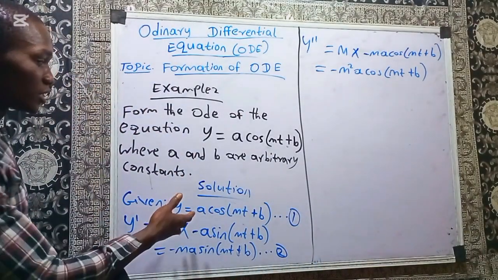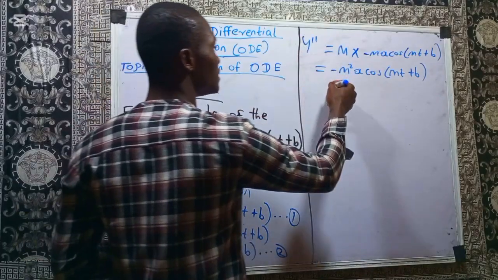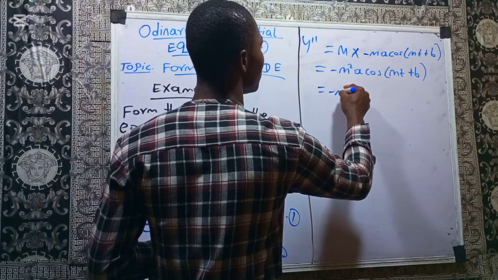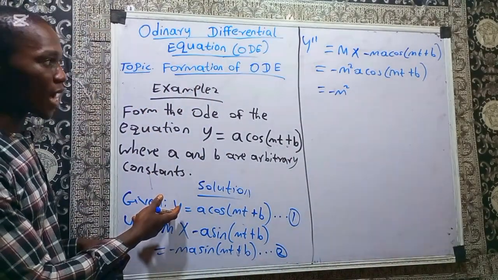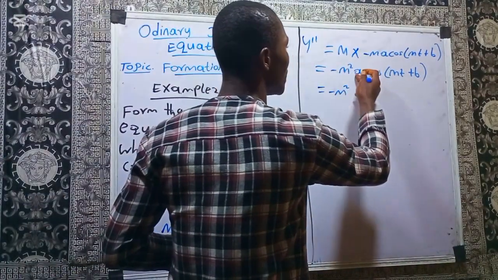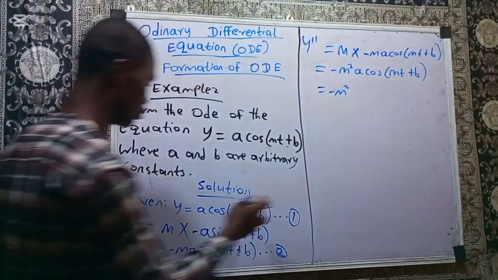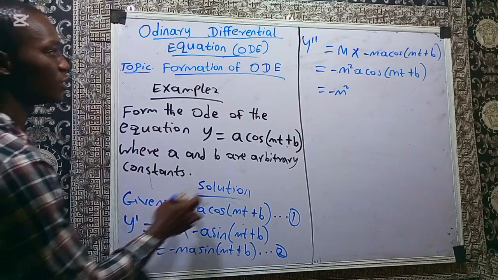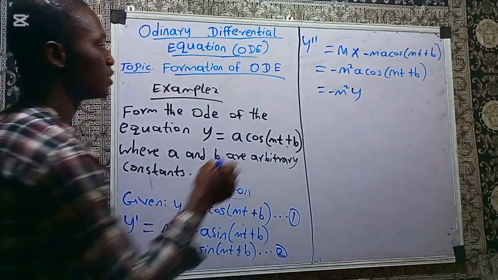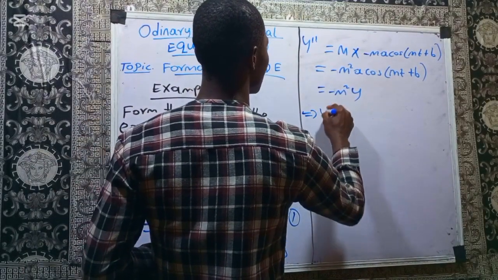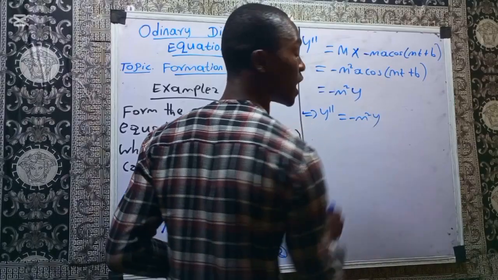So the only thing we notice here is that the second derivative is equal to negative m squared multiplying your original equation y, because a cosine mt plus b will give you your original equation y. So this implies that y prime prime is equal to negative m squared y.